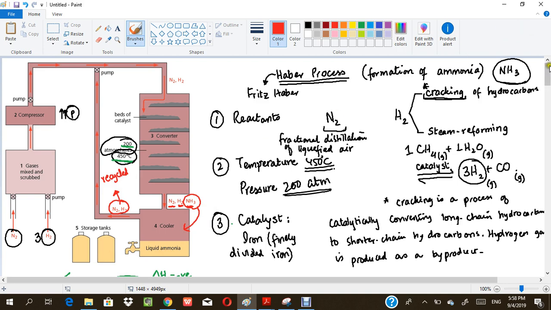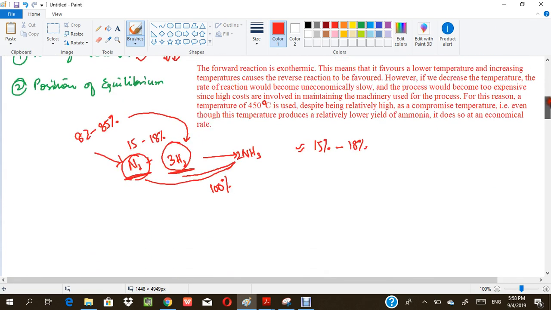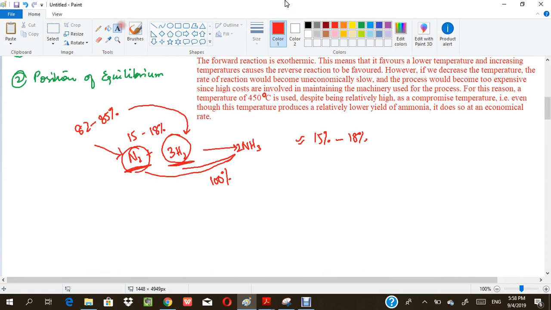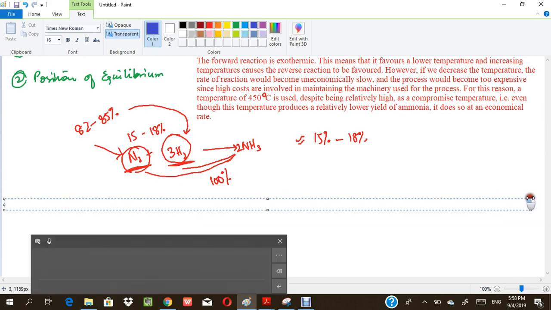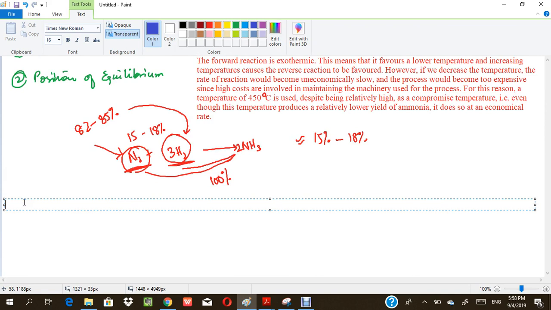So let's write this down. Right, so the yield of this process is pretty low.